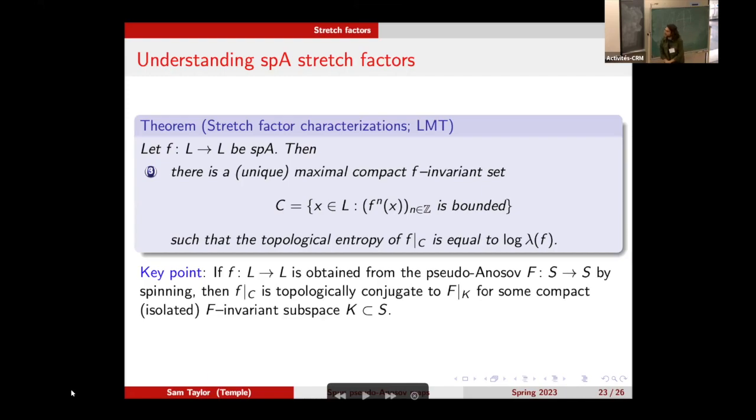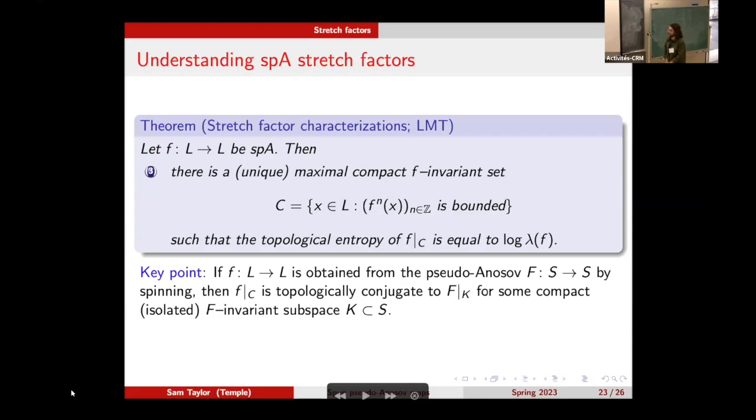So the proof of this maybe addresses one of the first questions that I got. What's the relationship between the spun pseudo-Anosov surface I got, and the pseudo-Anosov on the cross section I started with? Okay. So what the proof shows is that this compact invariant set can be isotoped along the flow, basically flowed back into my original surface, where in that original surface, it's invariant for its original pseudo-Anosov map.